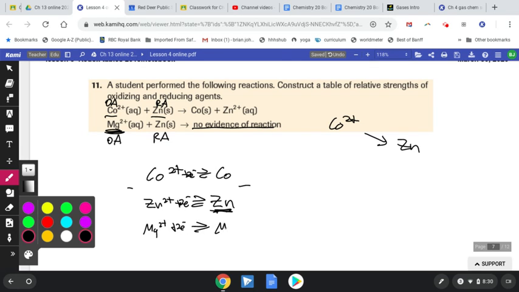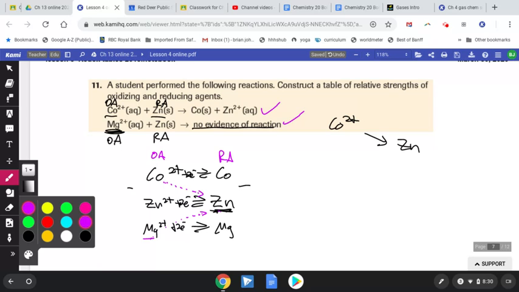There's its half reaction. So magnesium 2 plus does not react with zinc, it's uphill, but cobalt 2 plus does react with zinc, it's downhill, where the oxidizing agent is above the reducing agent, and for this one the oxidizing agent is below. So this one works. That was a nice simple one.